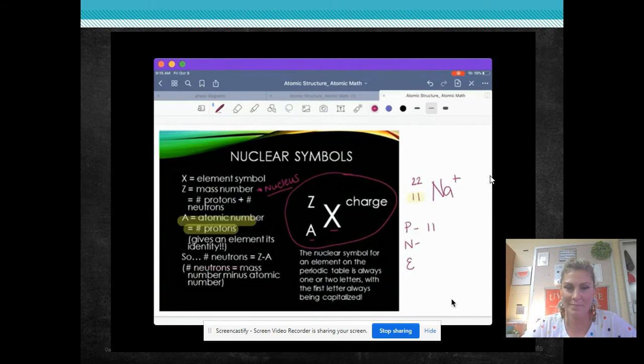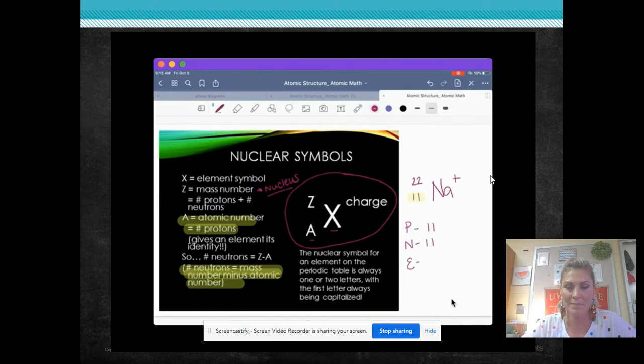So to get that, I just take the mass number and subtract the atomic number. And that will always give you the number of neutrons found in that particular atom. So 22 minus 11, I have 11 neutrons. Now for electrons, the charge is going to tell me that. The charge is going to help determine how many electrons.